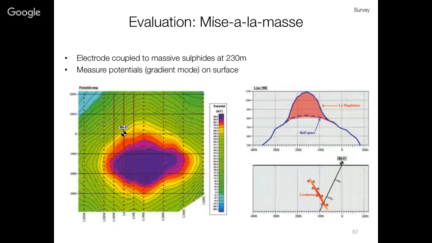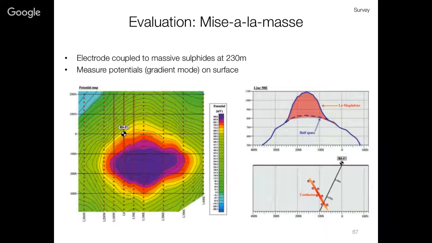Okay, that's great. So the Mise-à-la-Masse, for people who don't know. Here's a borehole. It had gone through the vein, so they know where this is. What they want to do is basically a DC resistivity experiment where they put the A electrode down here.